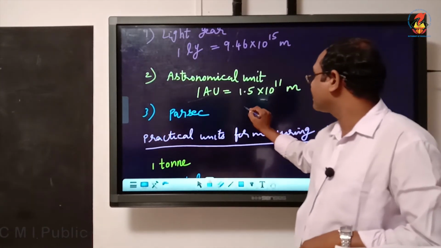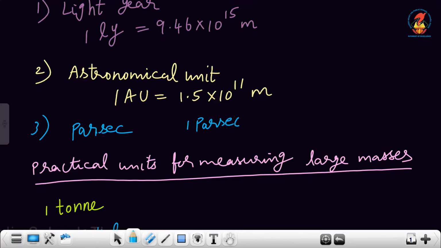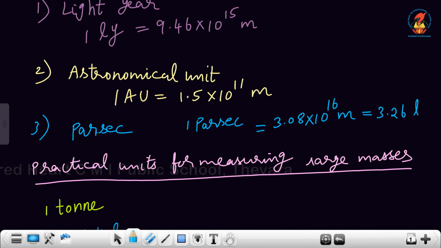And 1 Parsec is 3.08 into 10 raised to 16 meter. Or I can say it is 3.26 light years. Okay, so these are the practical units of length.